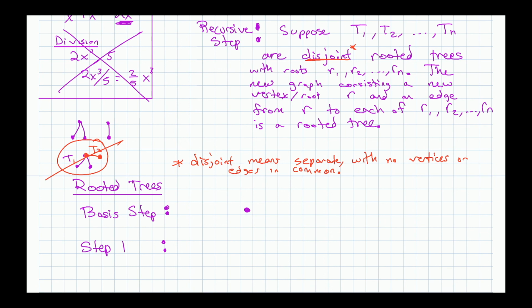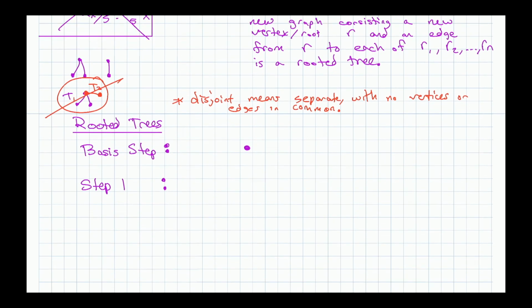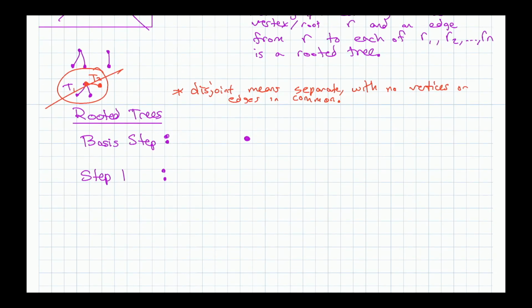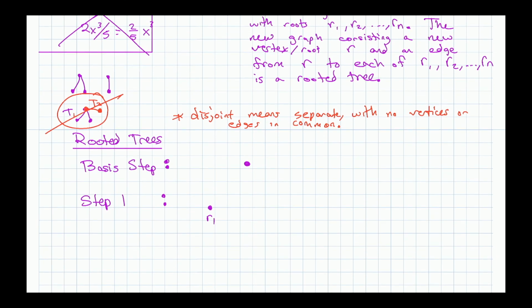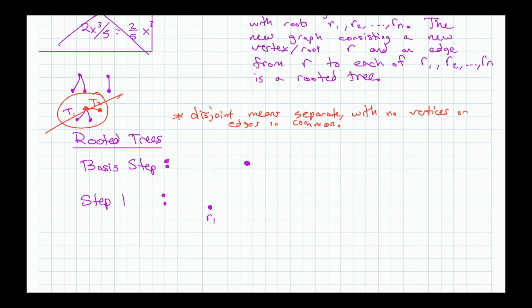So what's that look like? What that means is you can take any number of rooted trees and connect it to a new R. So if this is your R1 from your T1, actually let me label this T1.